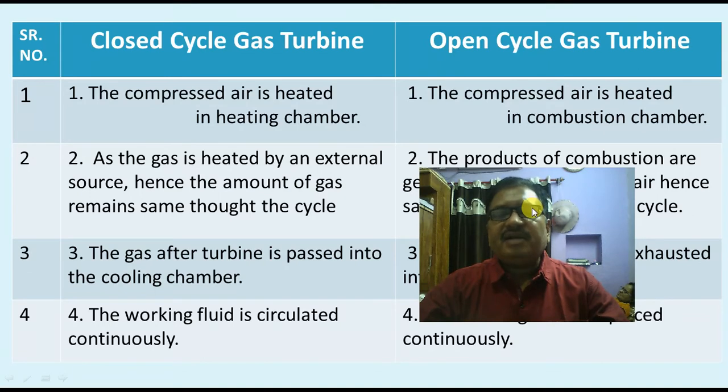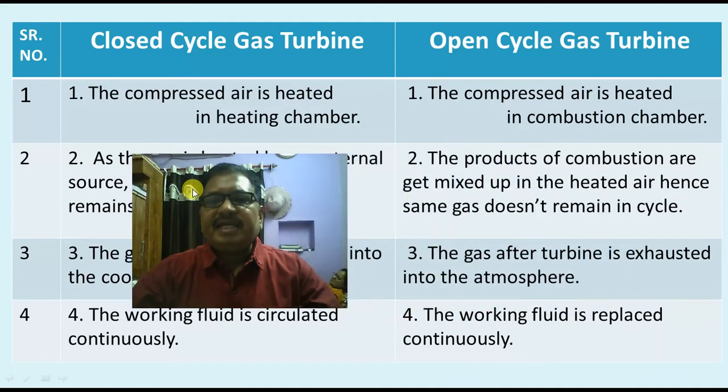There is indirect contact between the heating elements, or the gases which heat the working substance, and the working substance. So that particular working substance is continuously recirculated. It is flowing again and again. So its quantity is not changing, right? And the working substance is not changing. The same working substance flows through the system continuously.